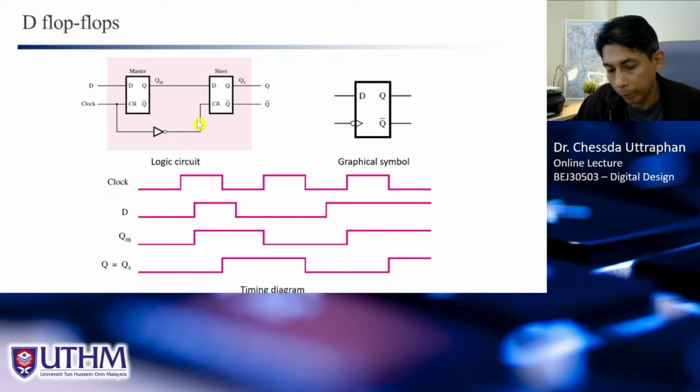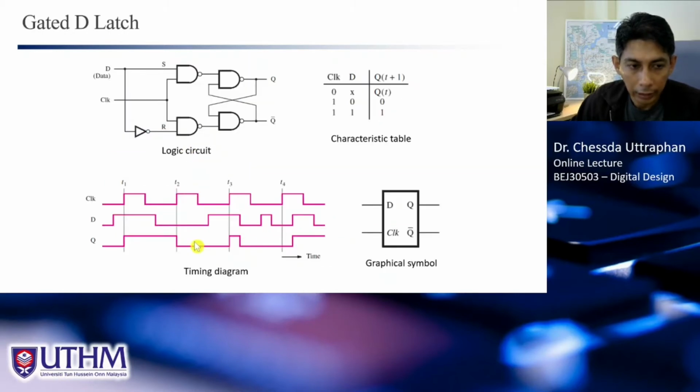So what is the difference between flip-flops and latches? The difference is that the latch, when we look at here, is level sensitive. The output here is based on the clock, and it is level sensitive to the clock.